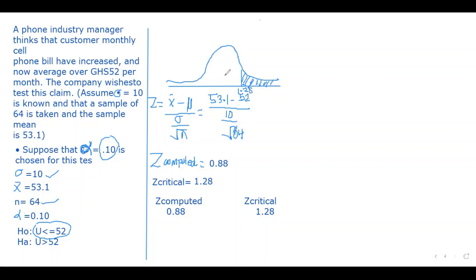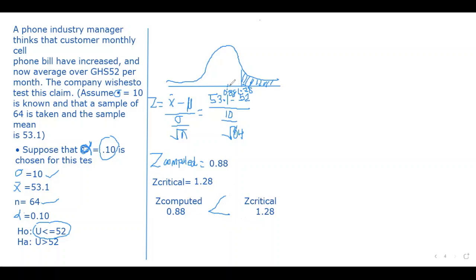Now 0.88 will be here. It does not fall within the rejection region, right? So the Z computed is actually less than Z critical. And for the upper tail test, if Z computed is less than Z critical, we fail to reject.